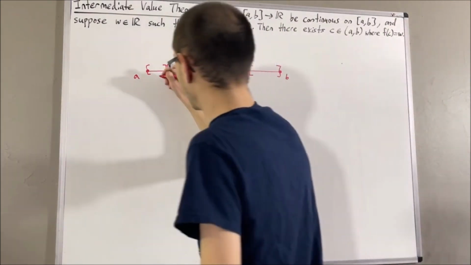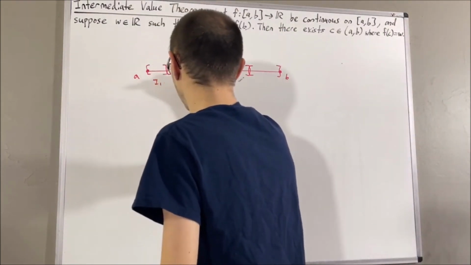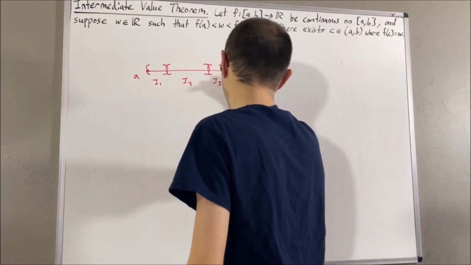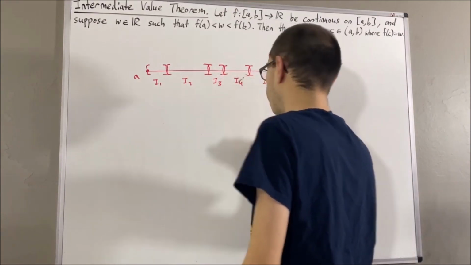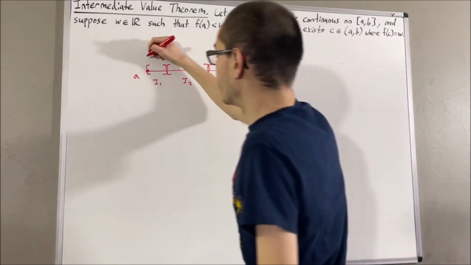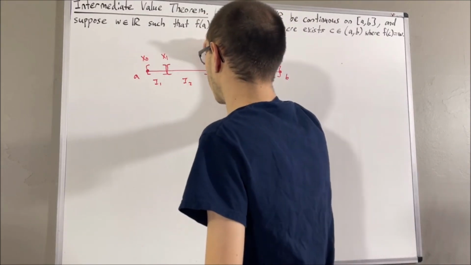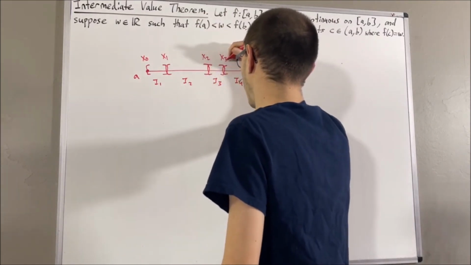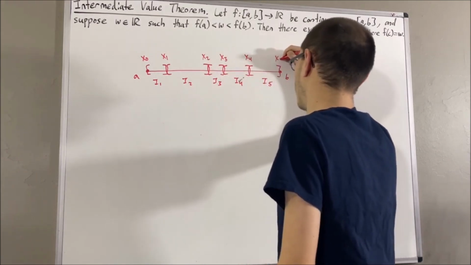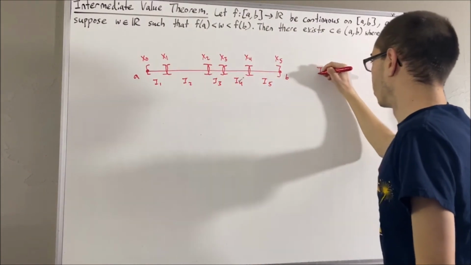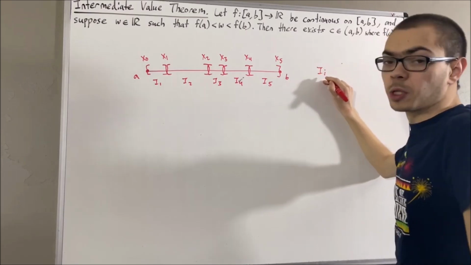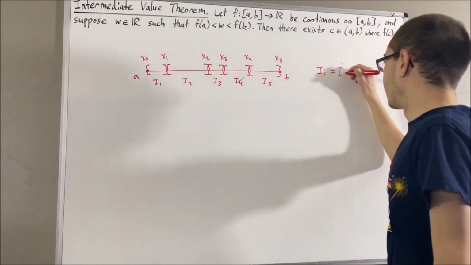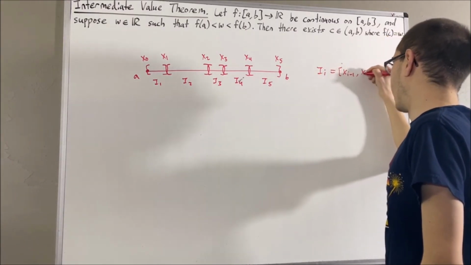And we might label these intervals I1, I2, I3, I4, and I5. And we might label the endpoints x0, x1, x2, x3, x4, and x5. In general, we can label a subinterval Ii by [x_{i-1}, x_i].